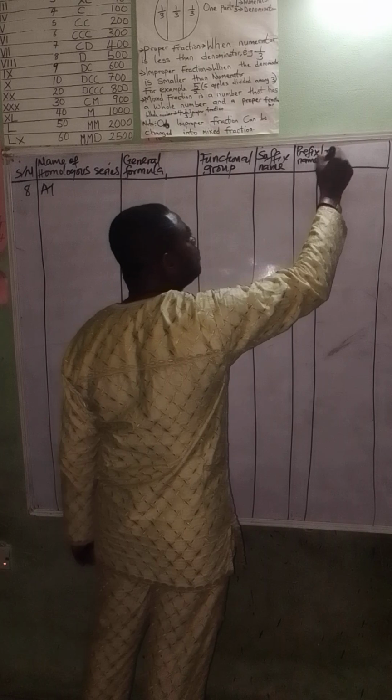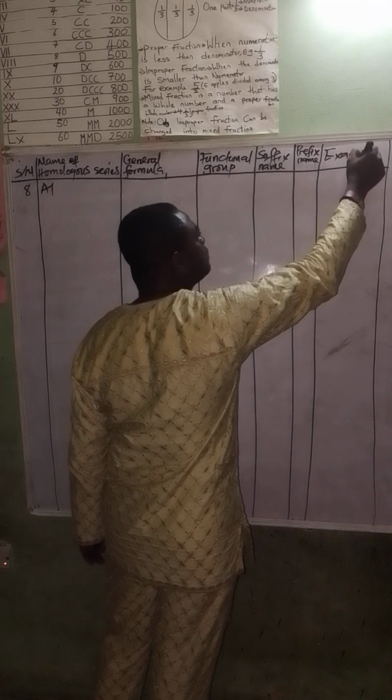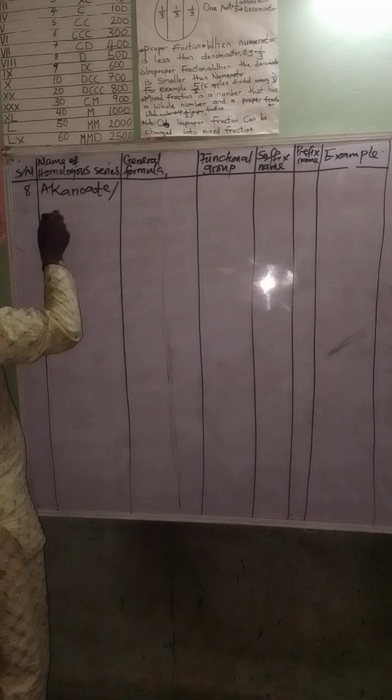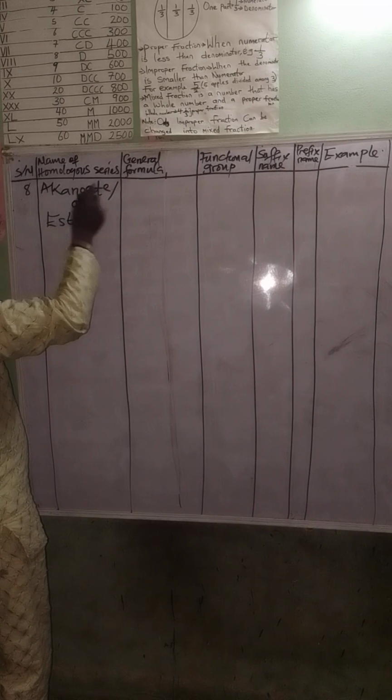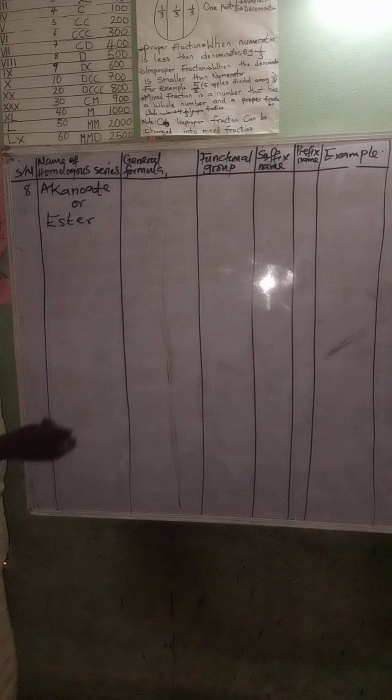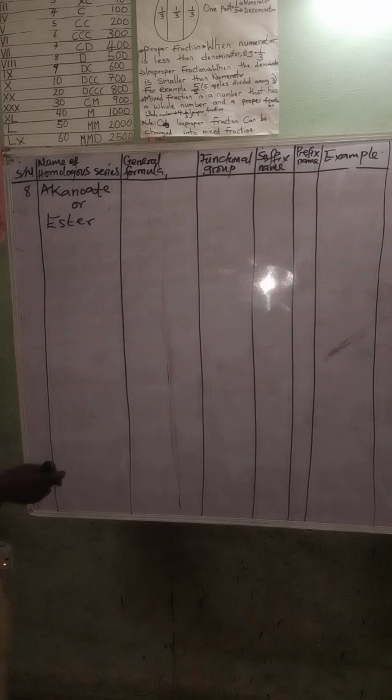Then example. So, well, with alkanoate. Alkanoate is also known as Ester. Alkanoate or Ester.